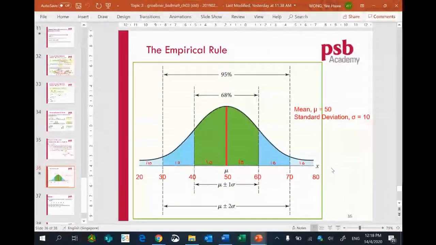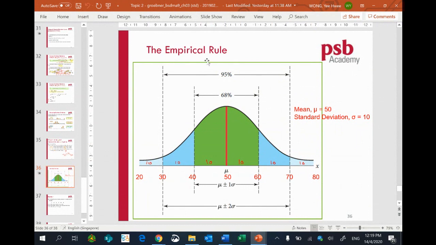The fourth one is very small, so not so significant. Yeah, the more important ones are the three on the right and the left. For each of these sections, the distance is 1 standard deviation. So if standard deviation is 10, then every one of these distances is 10, 10, 10. Okay? Right, so this is what you have.